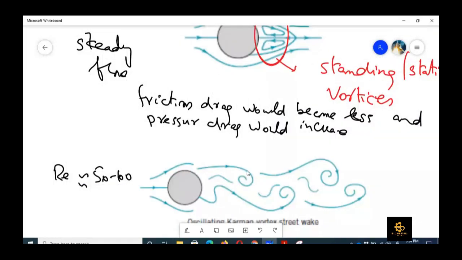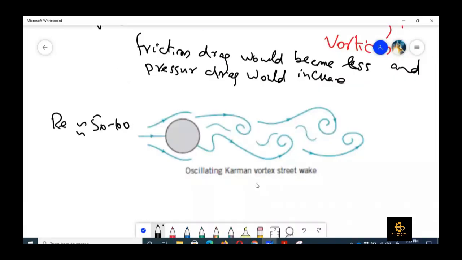So you can see the pattern that those vortices are moving down the flow, and we call it the Von-Karman, as it is written here, oscillating Von-Karman vortex street wave region. So they would be actually moving along the flow. So we can always see the visualization of this kind of flow characteristics.